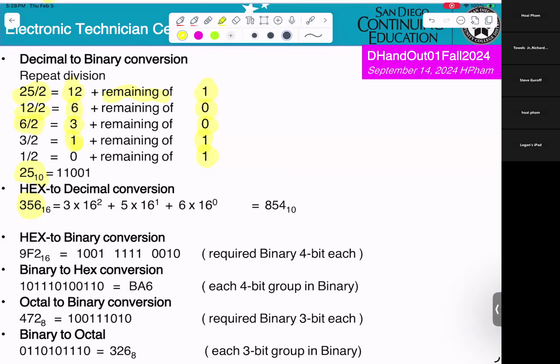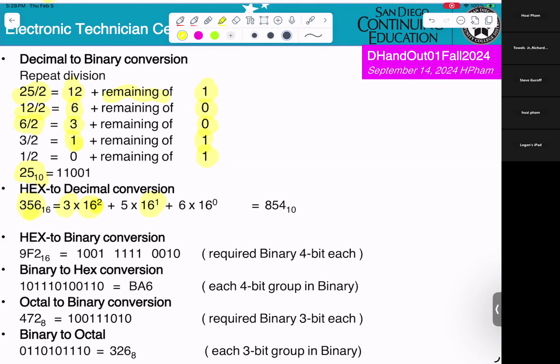What do they do? They take number 3 times 16. You understand why 16? Because it is hexadecimal, base 16. Power 2, the number on the left. Then they add number 5 times 16 to the power 1.